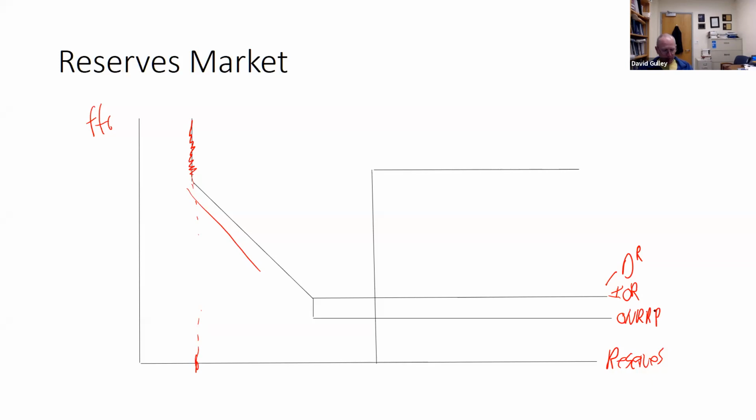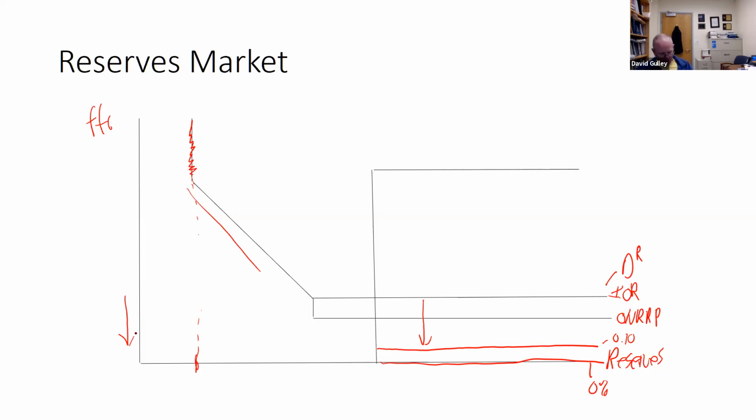So what the Fed did yesterday is the ON RRP rate went down to 0%, and the IOR rate went to 0.1. They're trying to push down overall short-term interest rates, including the federal funds rate.